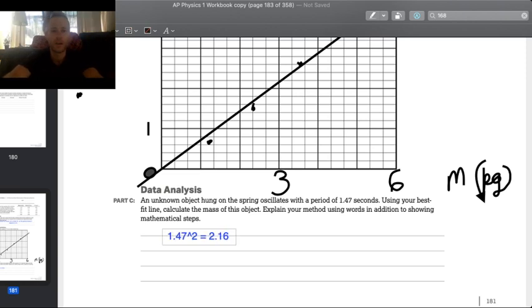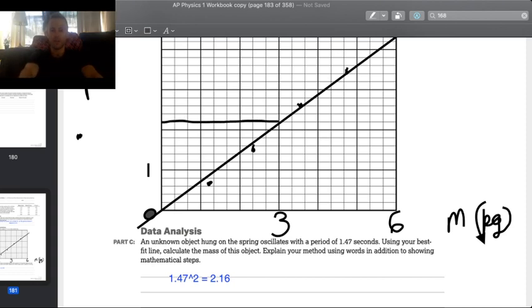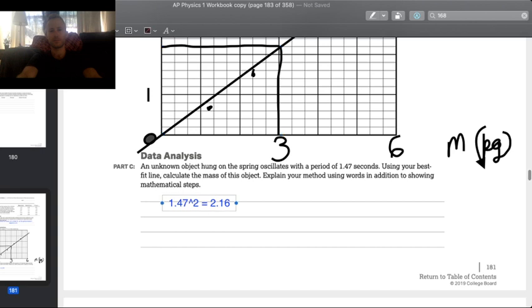So I go to 2.16, which is roughly right here, and I go across the graph, and I see that on my line of best fit, that corresponds to a mass of roughly 3. So on the line of best fit, when period squared equals 2.16, m equals 3 kilograms. So it's a 3 kilogram mass.